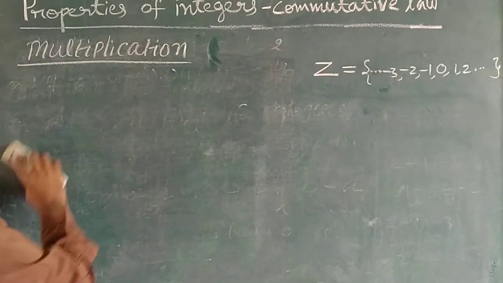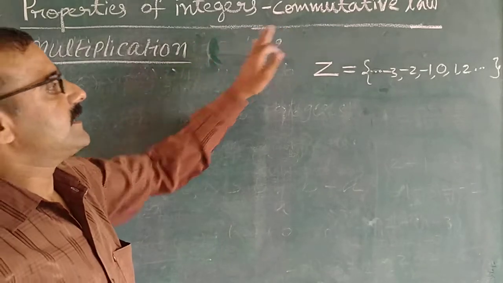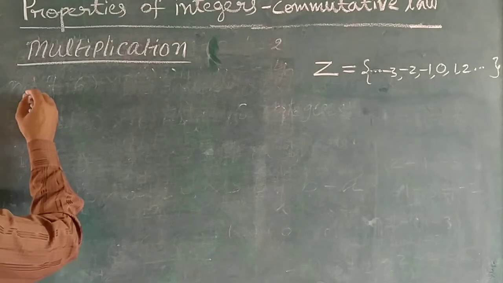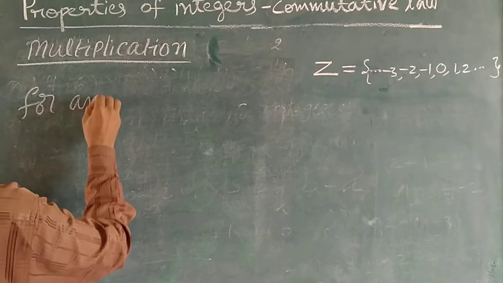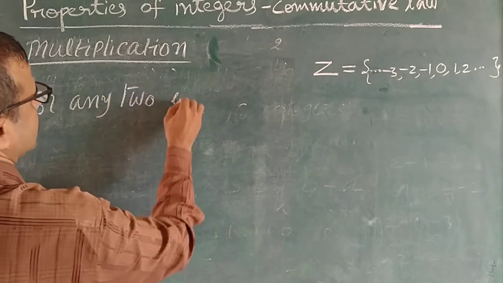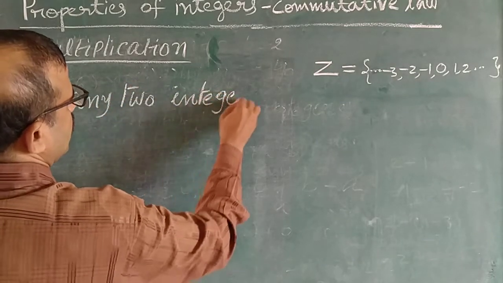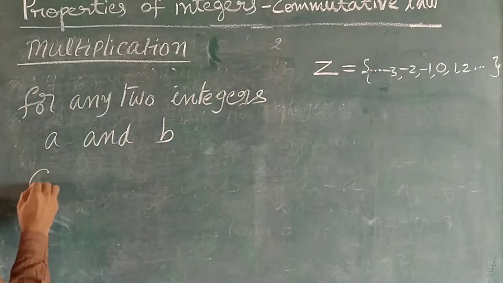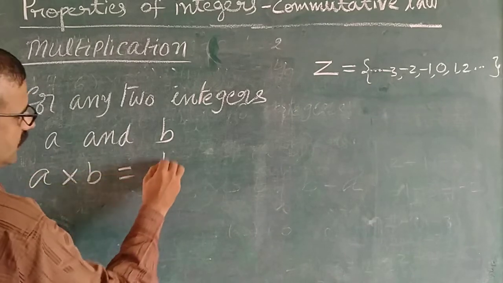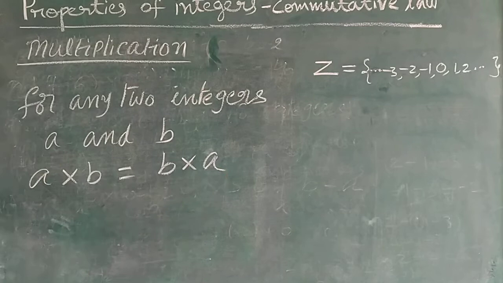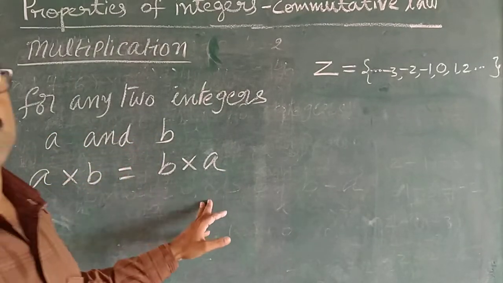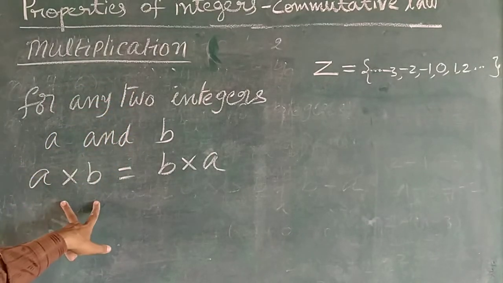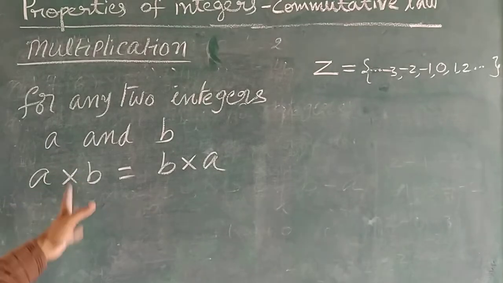Therefore, we conclude that commutative law is satisfied for integers with respect to multiplication. So for any two integers A and B, A into B equals B into A. Already we discussed some examples: both positive integers multiplication, negative integers multiplication, and also positive into negative.